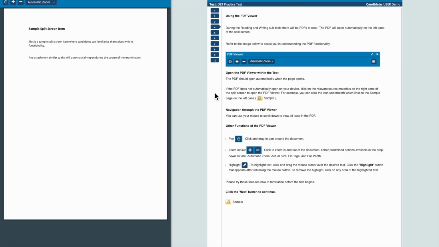As I said, one of the advantages of OET on computer is definitely the split screen. Prometric will have this preset. I believe you can highlight, but for example, for USMLEs, we just press and drag the right mouse button and it would highlight, right?